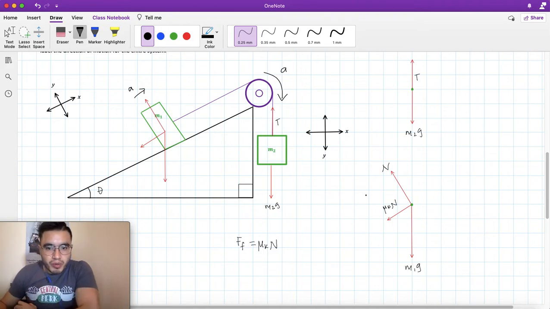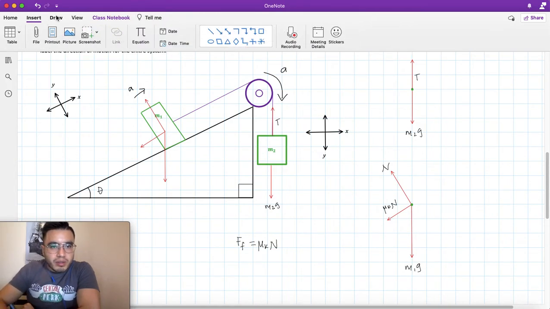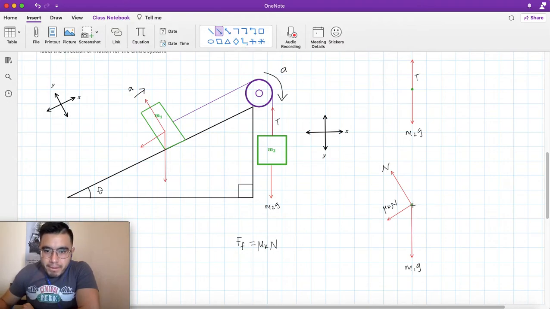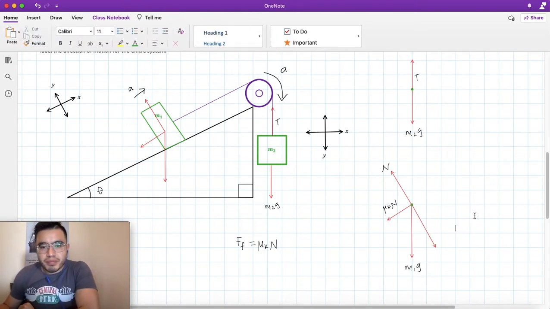So for that, we're going to apply Newton's third law of motion. Since this mass is only moving along the plane, not up or down, right? We need a force which is acting against the normal force. So like this. Very good.